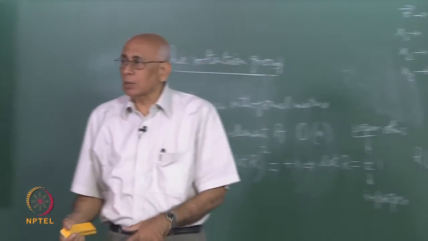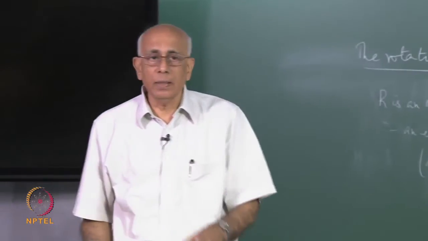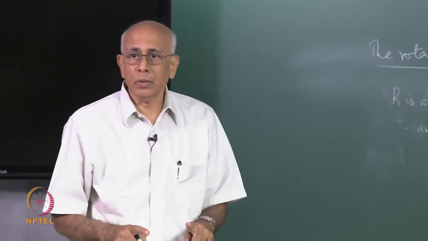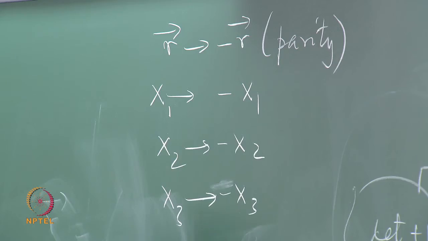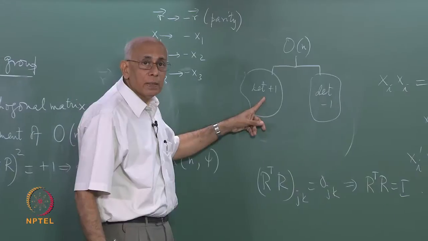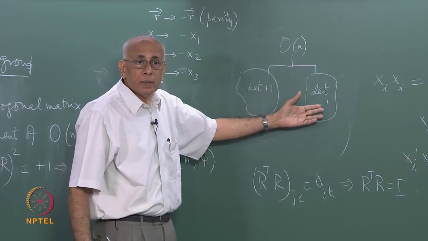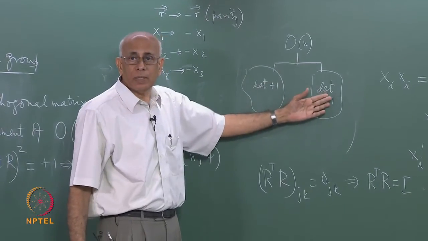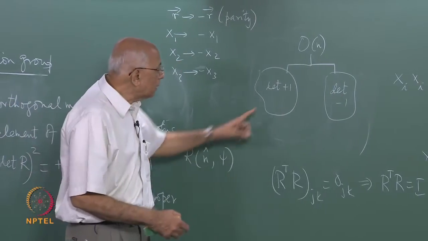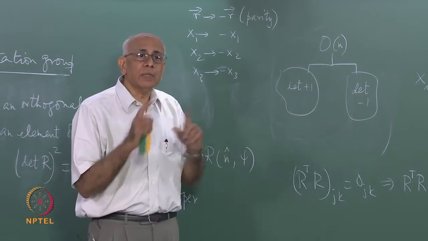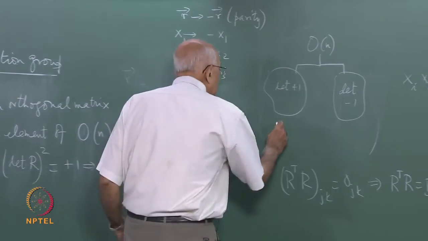So reflections or parity transformation or any discontinuous transformation which has determinant -1, and you can multiply every element of this set here with one of these transformations and you get an element of this part of the group here. But these things form a group among themselves, and this is called the special orthogonal group.